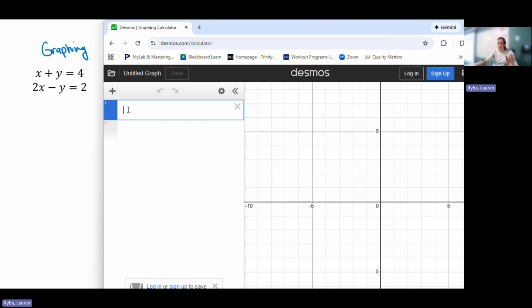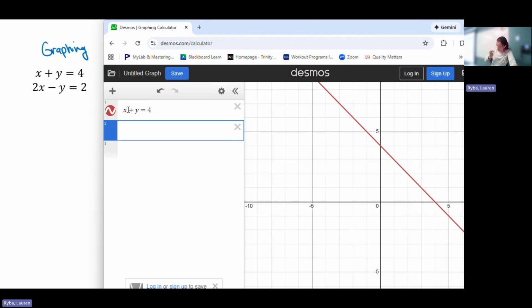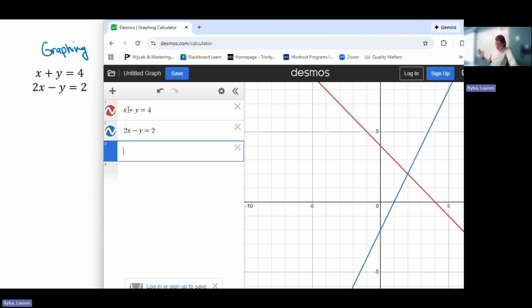Okay, so I'm literally just going to copy the exact equation. X plus Y equals 4. And it's going to color code it. And then when I put another one in, 2x minus y equals 2, it's going to give it another color. And then you can see on the right-hand side, these two lines are in fact intersecting. So the goal is to determine where they do in fact intersect.